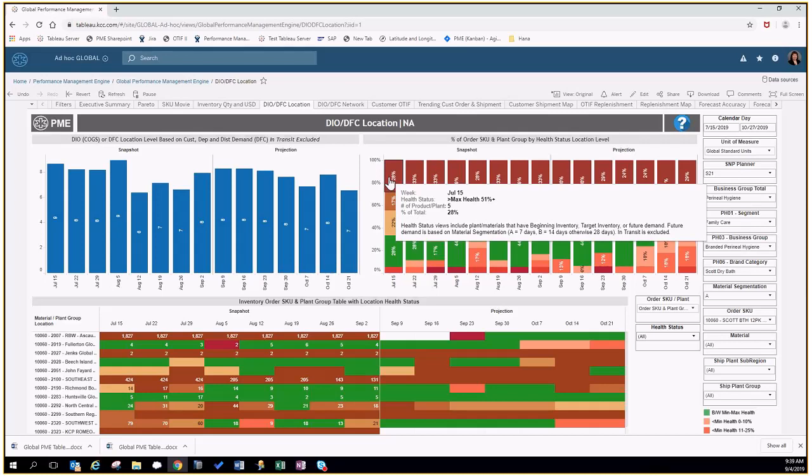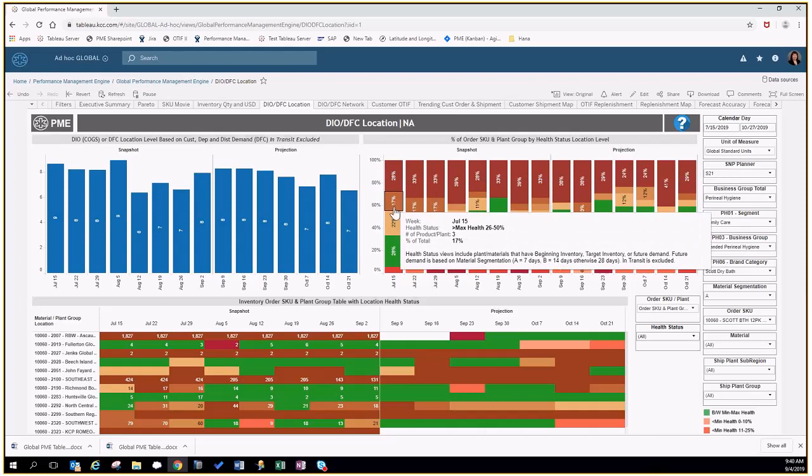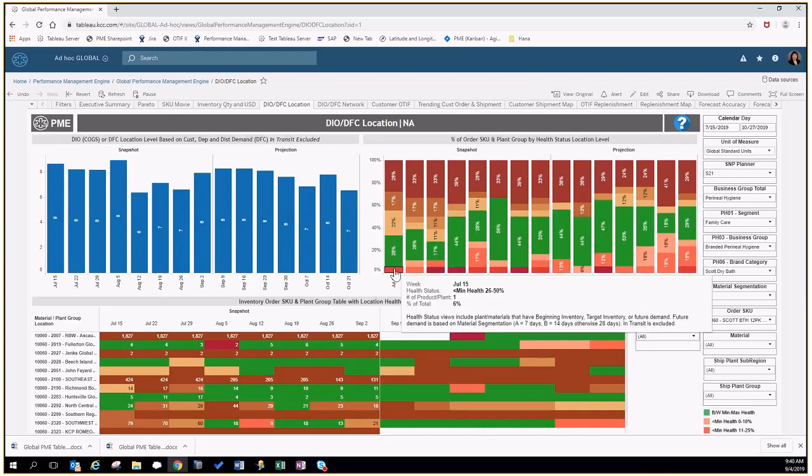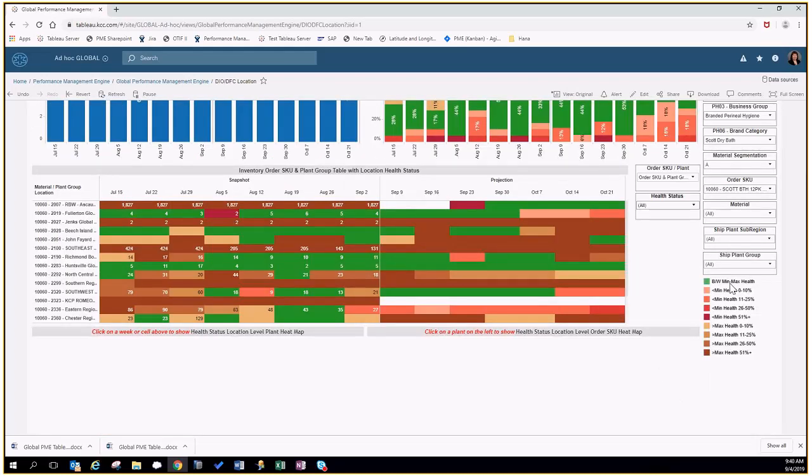So this chart in the upper right is a count and a percentage of the health status. And we put the max up at the top going down to the green, and then the ones that are under on the bottom. And this is the legend of the breakdown.